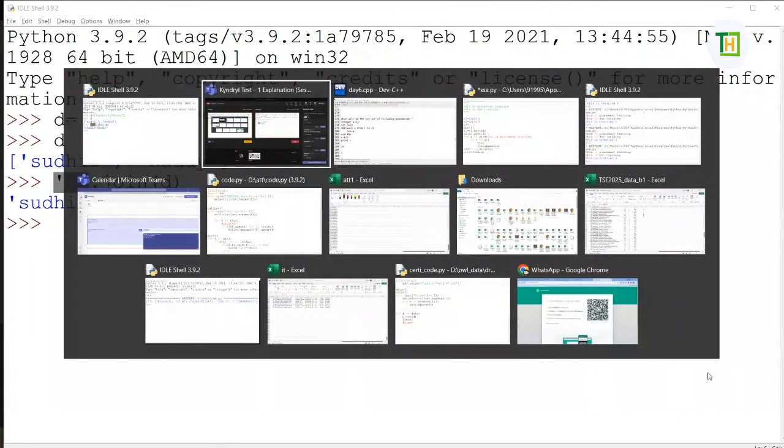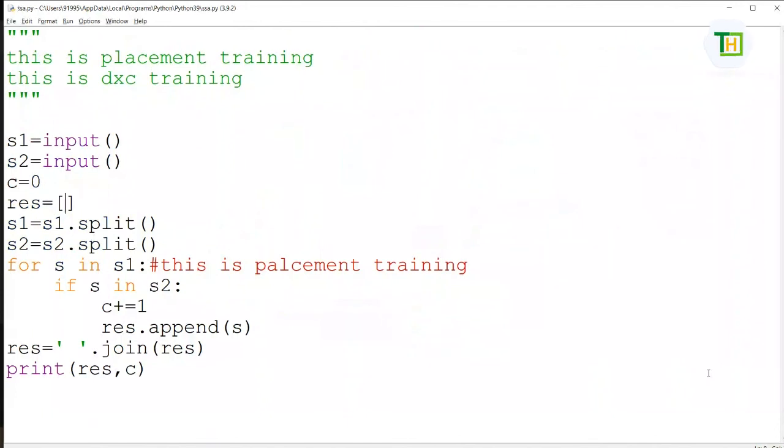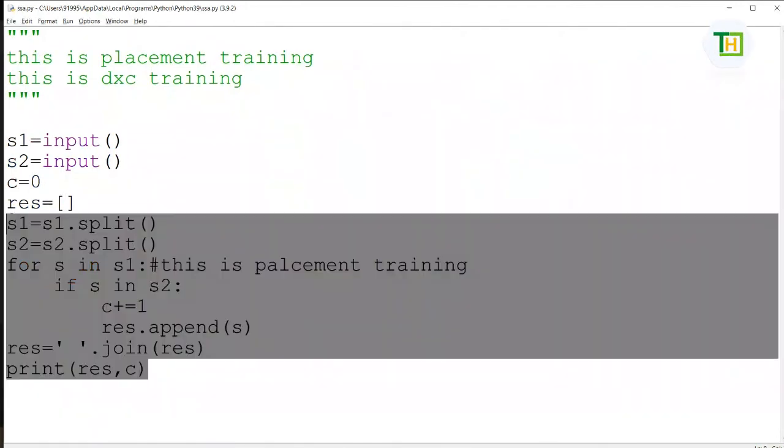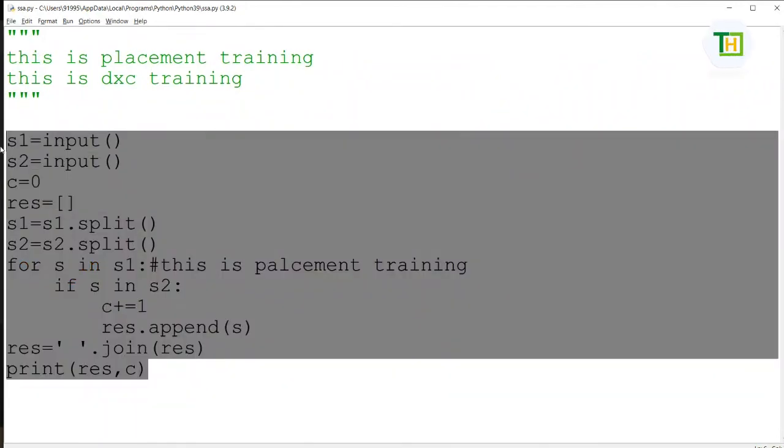Yes. This is the base program for so many logics on strings. This is the base problem. If you understand it clearly, for any problem on strings, just try to implement it like this. I already discussed in the last session about dictionaries, when we were working with vowels and unique characters.